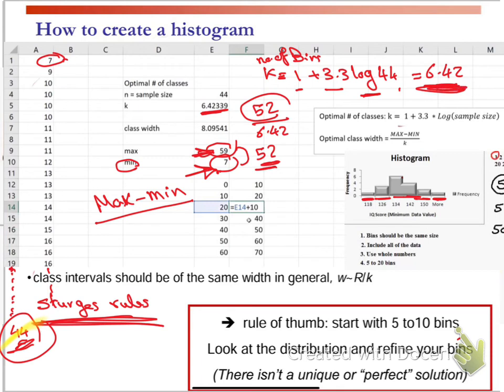Of course, we don't have a number of bins of 6.42. So 52, which is the range, divided by 6.42 gives us 8.09.